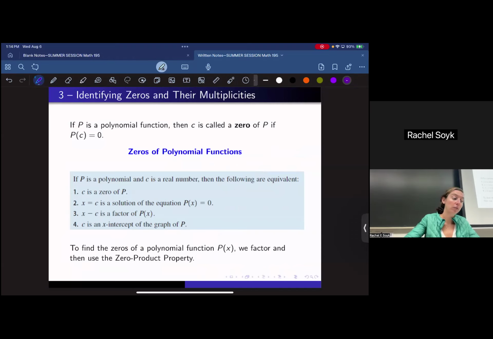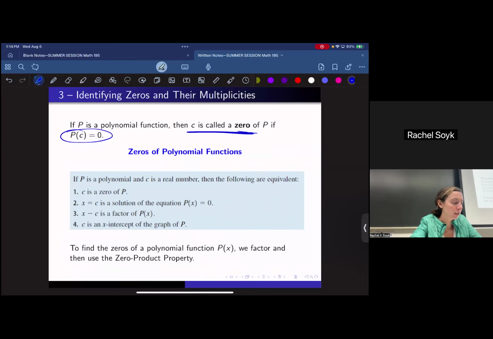We're on objective 3, which is identifying zeros and their multiplicities. If p is a polynomial function, then c is called a zero of p if p of c is equal to 0.